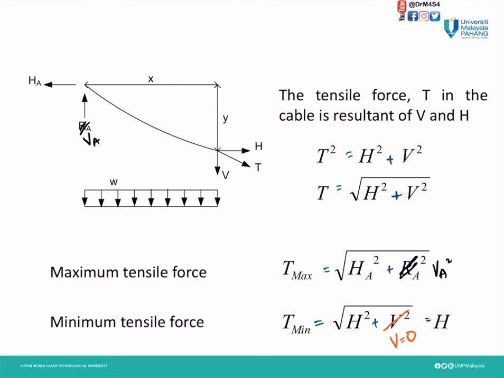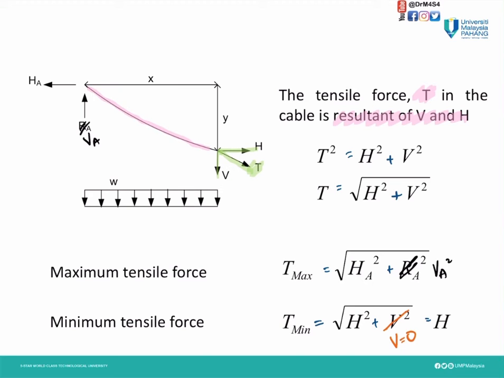So, how about the tensile force for minimum and maximum? We know our T is the cable resultant force of V and H. So this is our cable. We have tension in it, which is T, and we can resolve that into H and V, which are horizontal and vertical forces.